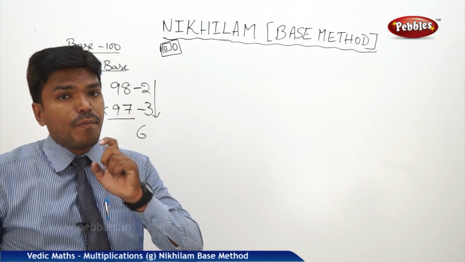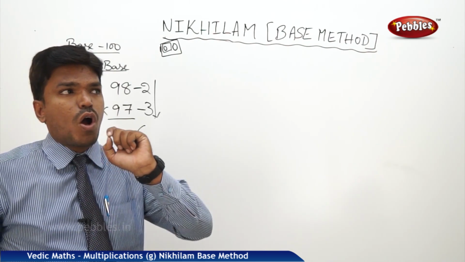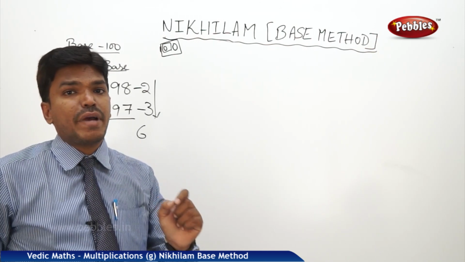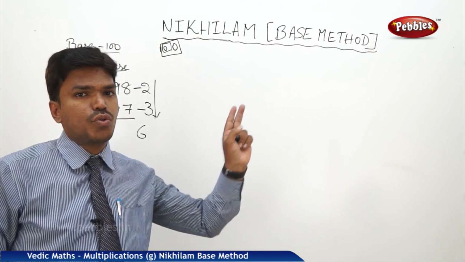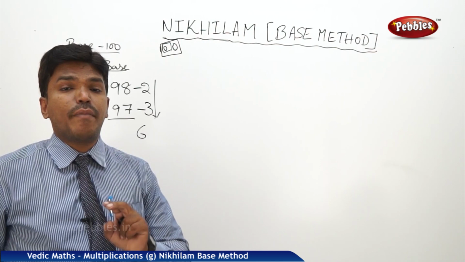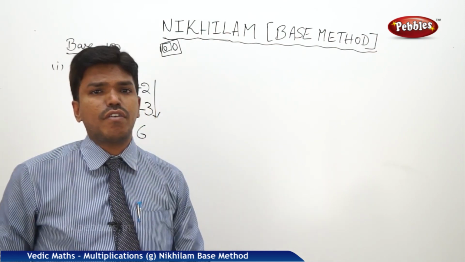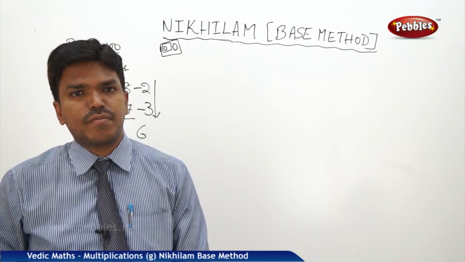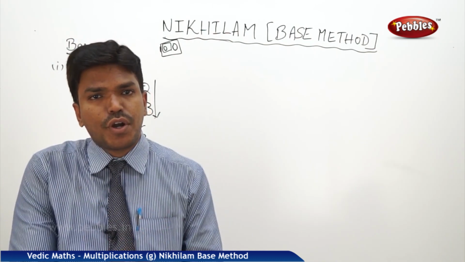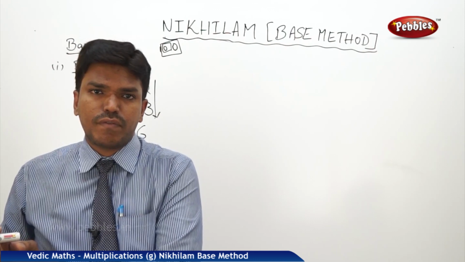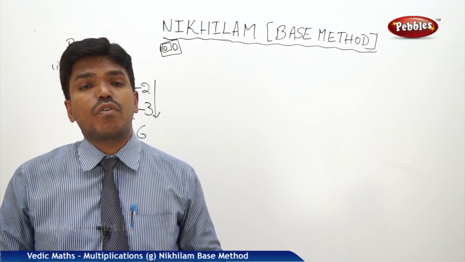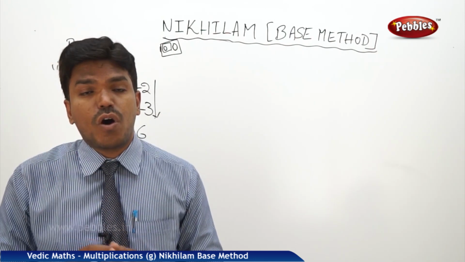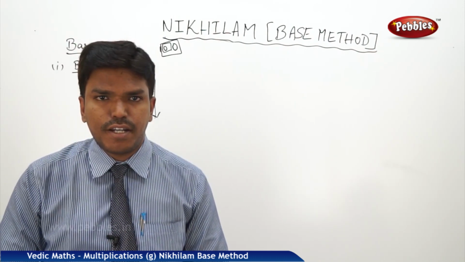That means how many digits should be there in the right side part of the answer if there are 2 zeros? Exactly. My right side part of the answer should consist of 2 digits. It should not be more than 2 digits, and it should not be less than 2 digits. If it is more than 2 digits, we carry the extra digits to the next part of the answer. If it is less than 2 digits, we place a 0 before the number.